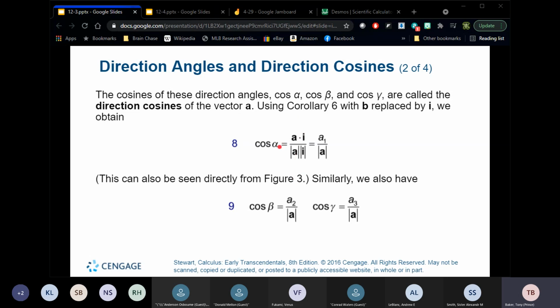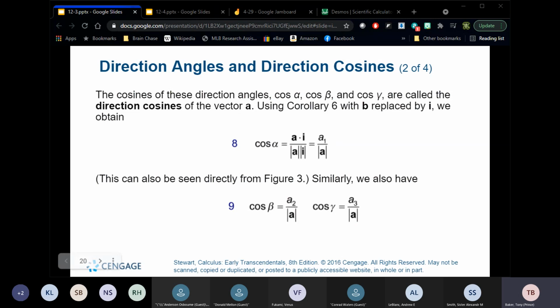So all you're going to do is divide the value that they give you by the length of the vector. The cosine of alpha is a1 divided by the length of vector a. The cosine of beta is the second value, a2, divided by the length of a. And then cosine gamma is a3 divided by the length of a.